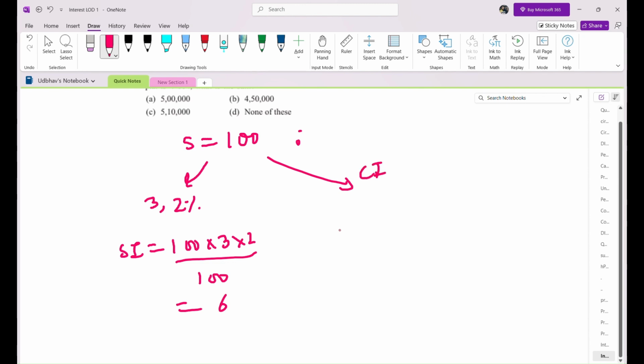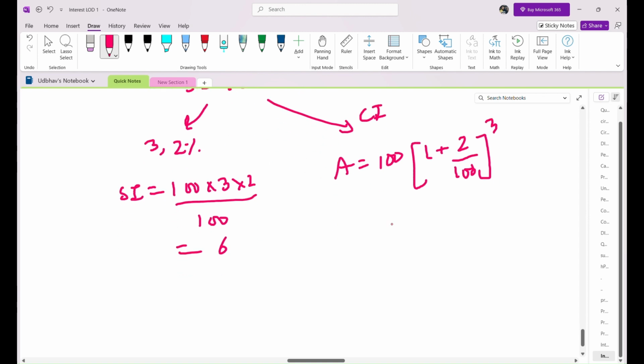Compound interest: amount equals P into 1 plus 2 upon 100 for 3 years, 100 into 1.02 cube, which is 106.128.